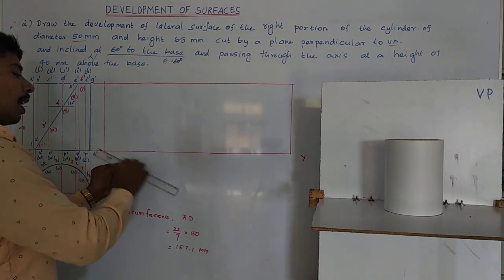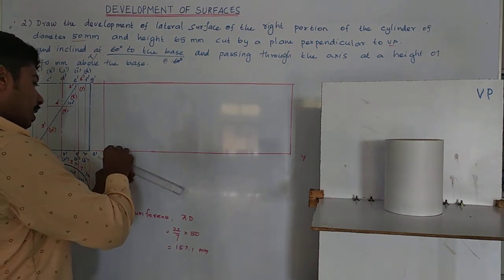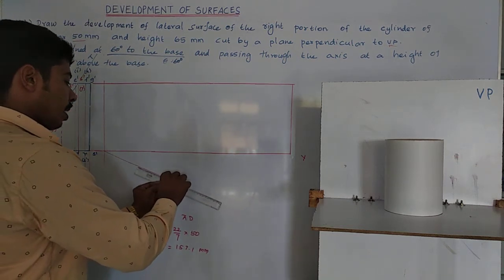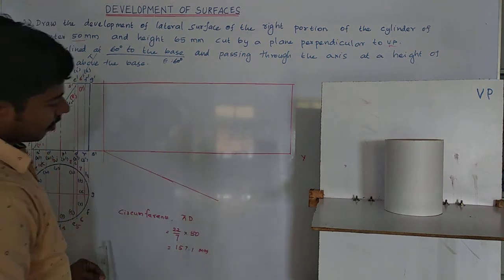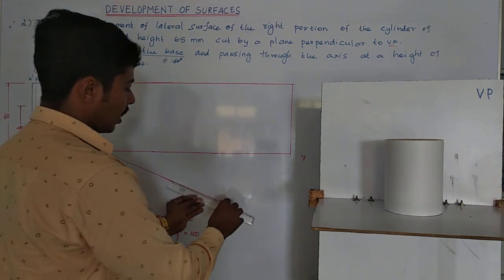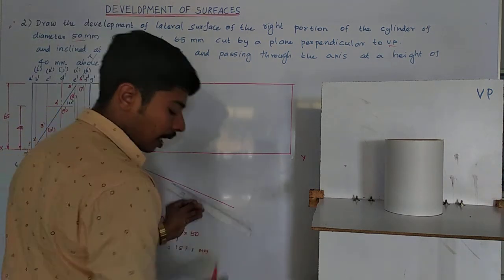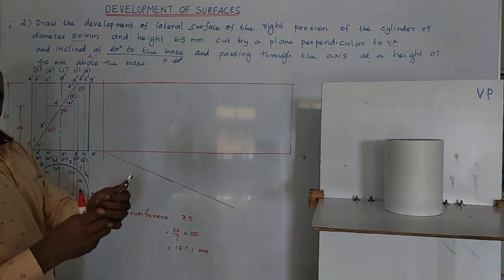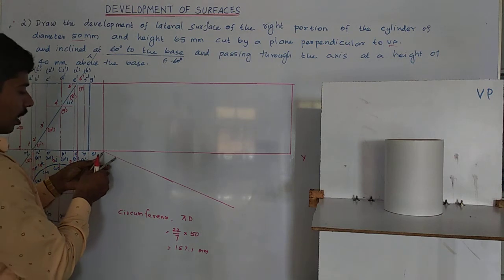From the starting, I draw one inclined line. In the inclined line, mark 12 equal segments. Take 10 or 20 millimeter in the canvas and divide into 12.